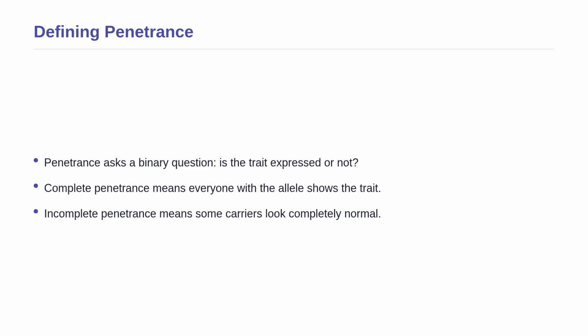However, if some individuals carry the allele but look completely normal, we are dealing with incomplete penetrance. Having the gene does not guarantee showing the trait. This challenges the simple Mendelian idea that a dominant allele always results in a dominant phenotype, showing us that genetics is influenced by complex internal and external factors.